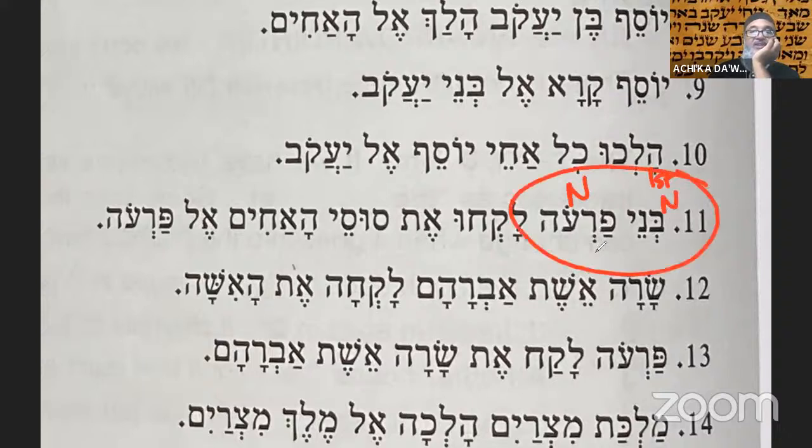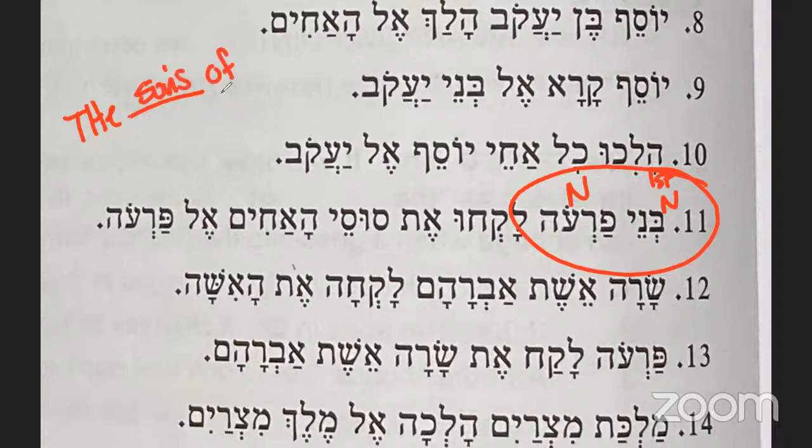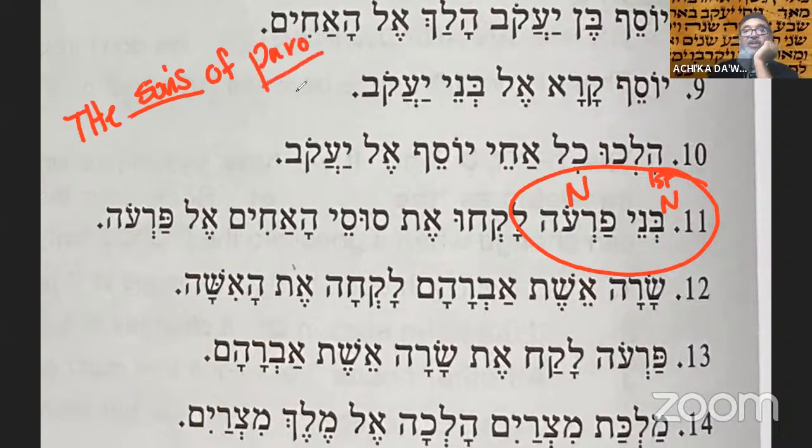So you have two nouns. And so based on that, in our mind to translate, we would go: the sons of Paro. They call him Pharaoh, but it's Paro. Okay. The sons of Paro.